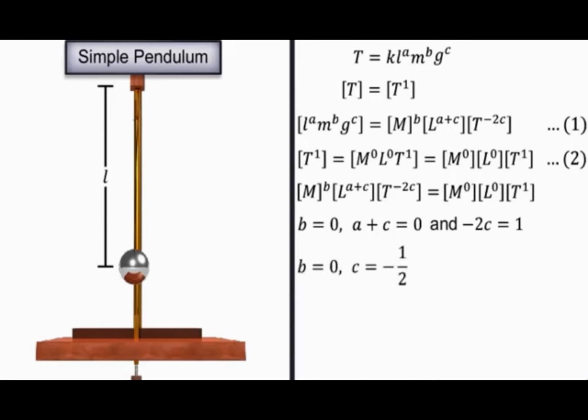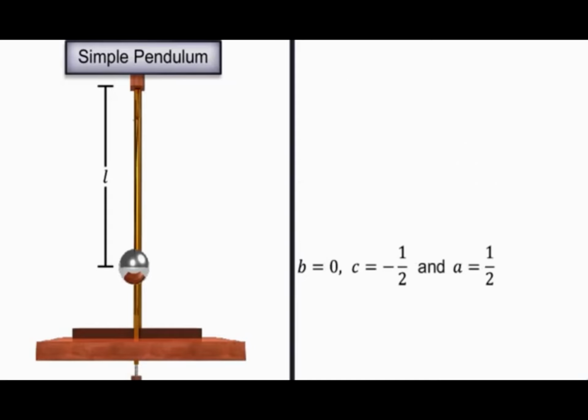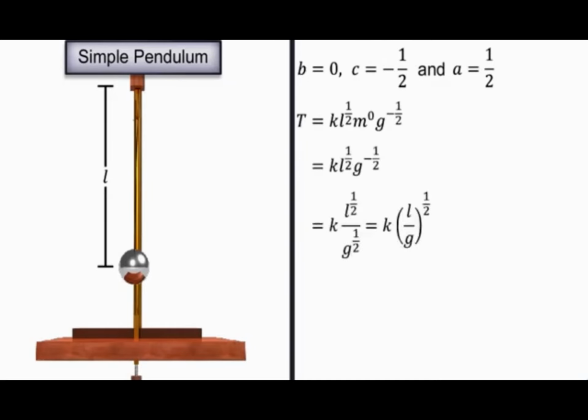Thus, the expression for the time period of the simple pendulum becomes 2 pi into the square root of L by g as shown. The value of k, which is equal to 2 pi, cannot be found by using dimensional analysis.